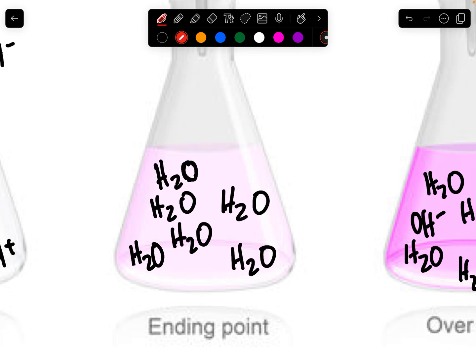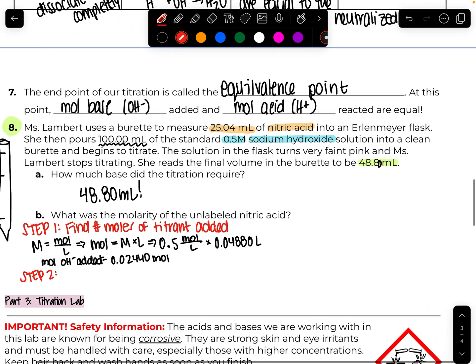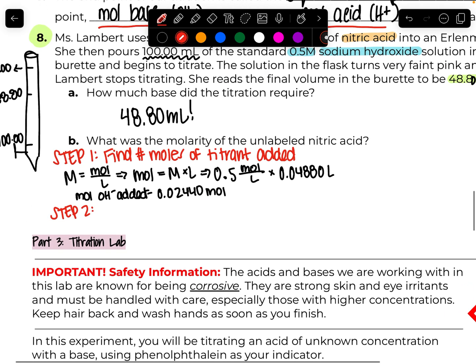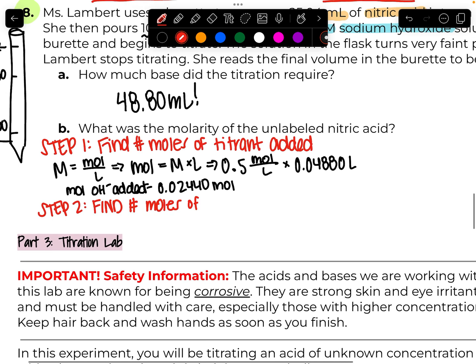So what I've got in my solution is just water. So at the end point of my titration, remember this is the most important part, the moles of base that I've added are equal to the moles of acid that I reacted. So find number of moles of acid neutralized.